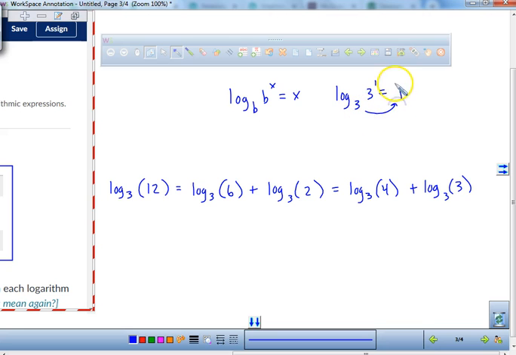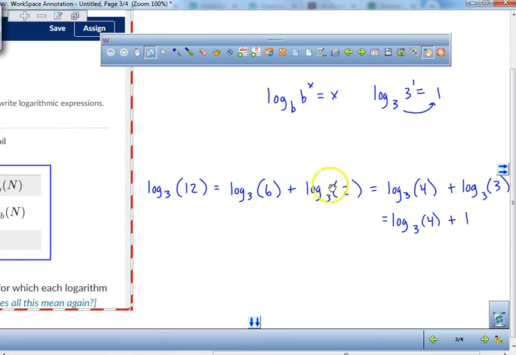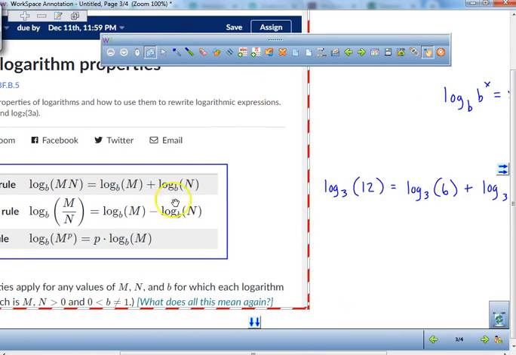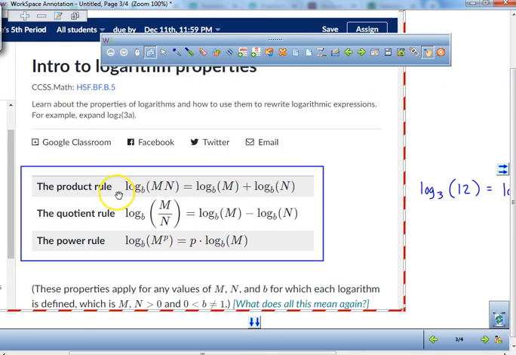And 3 to the power of 1 is equal to 3. So this right here actually would simplify to log base 3 of 4 plus 1. That's another way of looking at it. But the main thing I want you to get from this is you're looking for two numbers that multiply together to equal this number right here. So that's called the product rule.